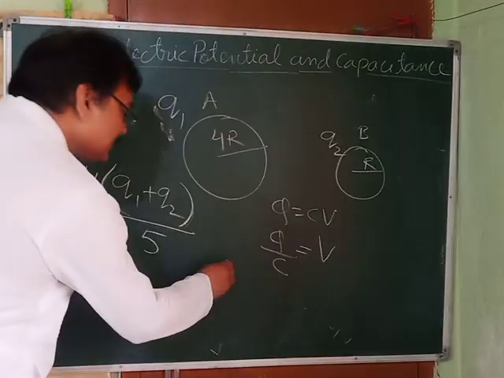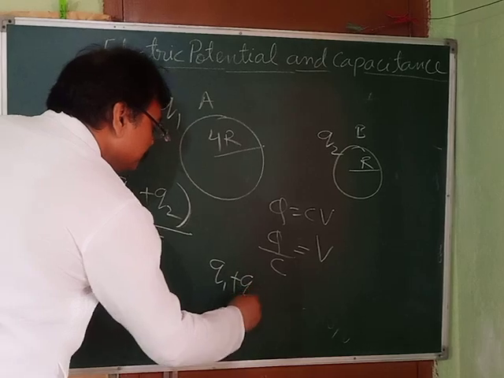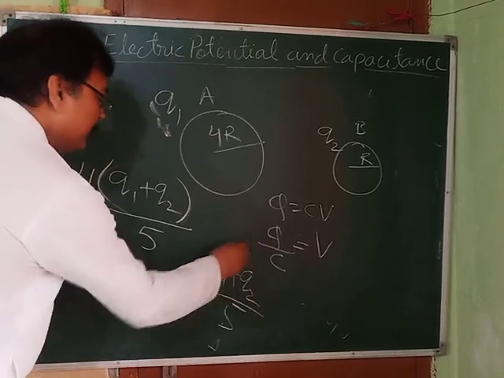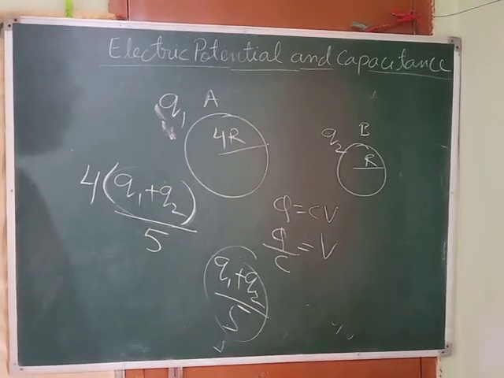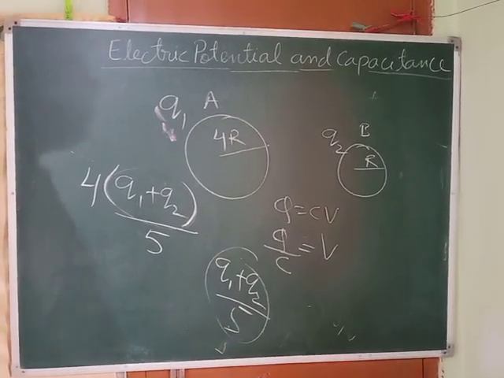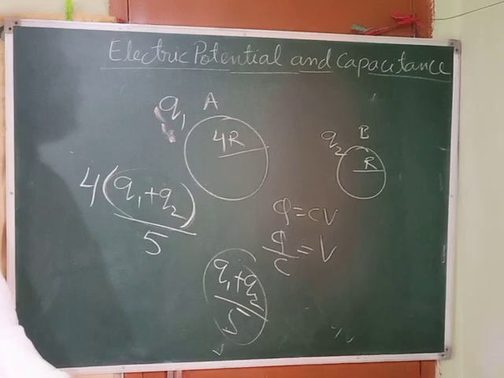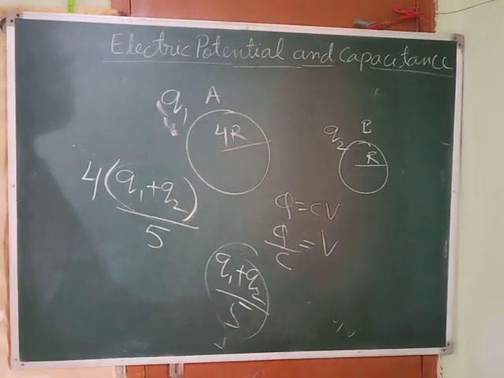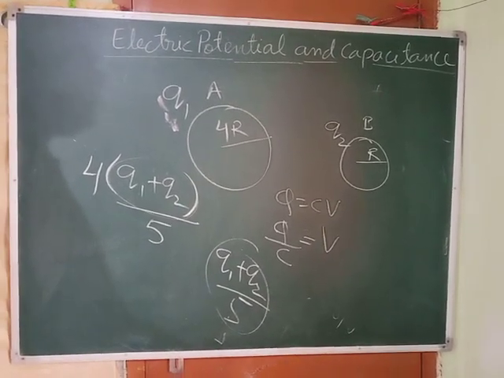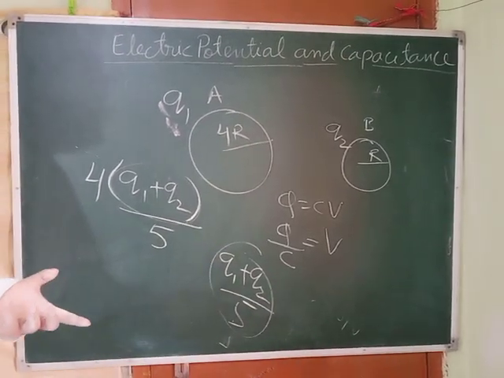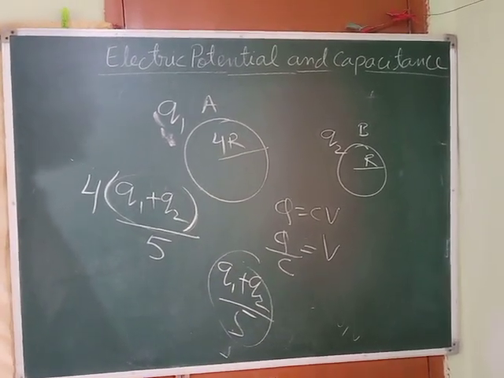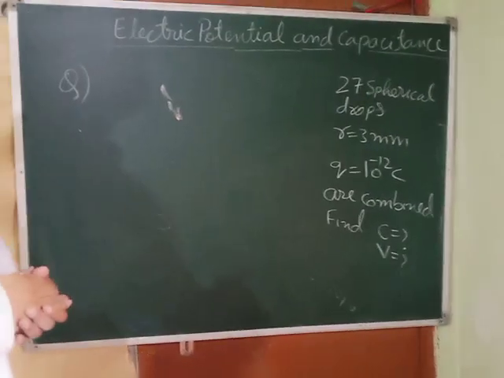The remaining, that is (q1 plus q2) by 5. 1/5 of it this will have, and this will have 4/5. Clear? So in this way you can do the distribution of charge in spheres of different sizes, when they are not identical. Clear? Okay, now let us take a question on this.